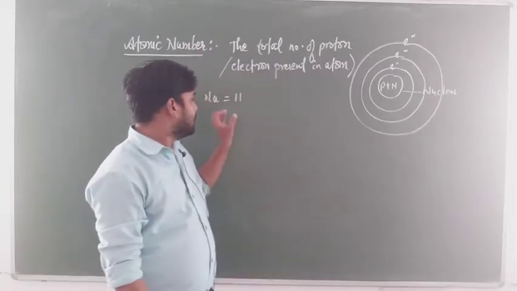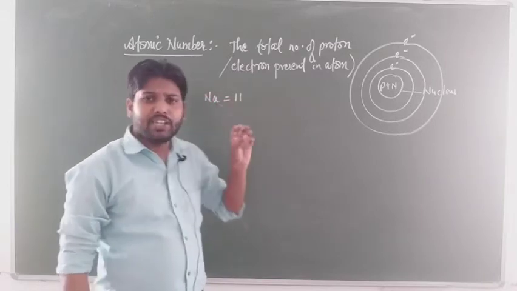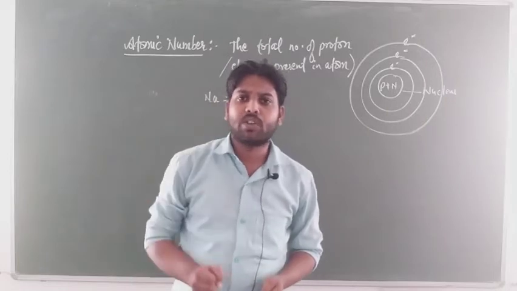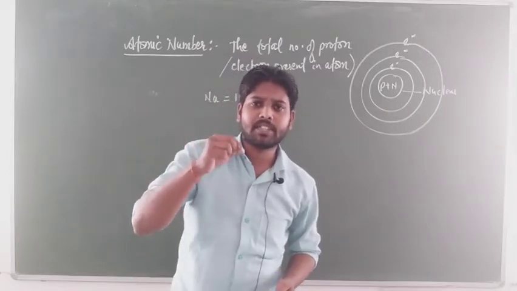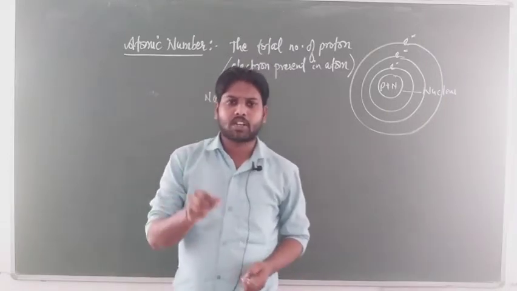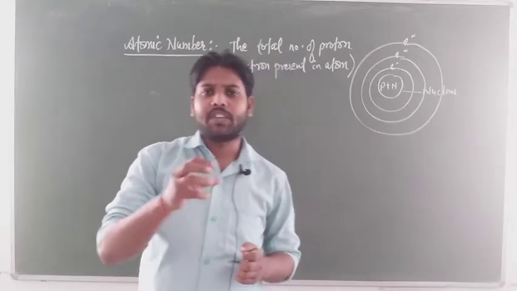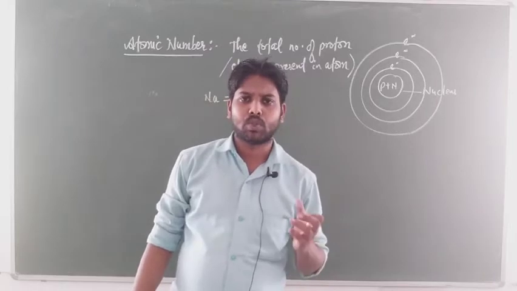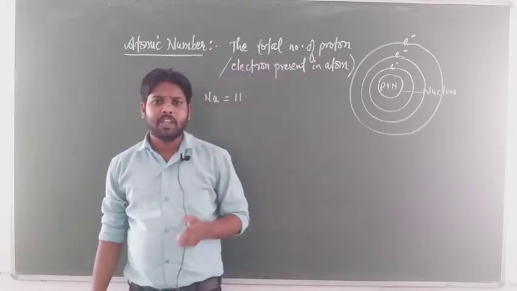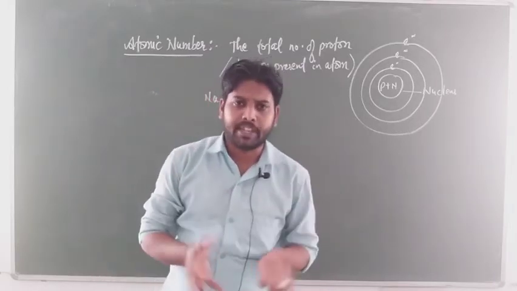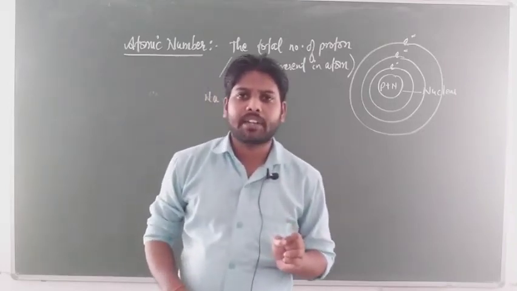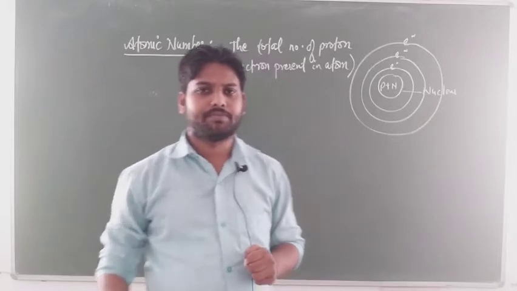But the protons and neutrons of sodium are present inside the nucleus. They will remain the same, but the electron it tries to give up to the other atom and form a positive charge. So we can say that in a whole atom only electrons take part in the chemical reaction.